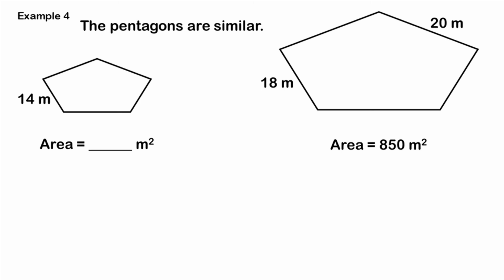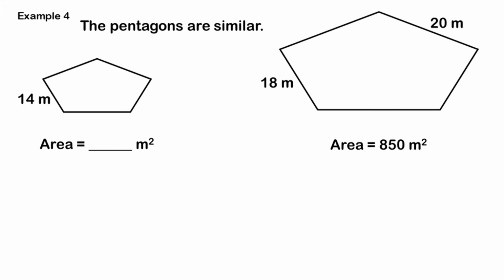We also have an image that has a side that's 18 meters and a side that's 20 meters, and we know the area of that image is 850 meters squared. So we can't find the area directly, but we can use some of the characteristics of similarity to help us find the area of the pre-image.